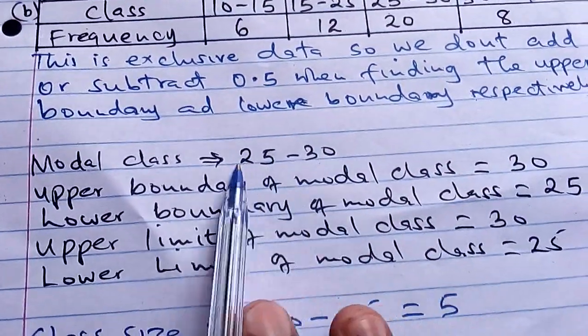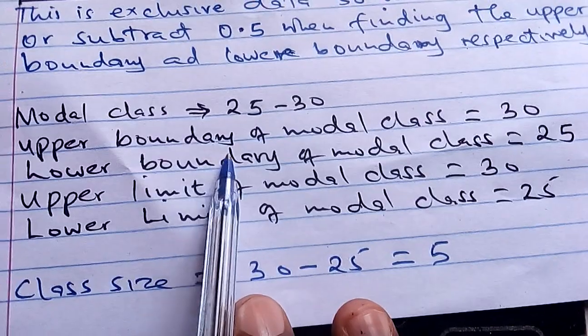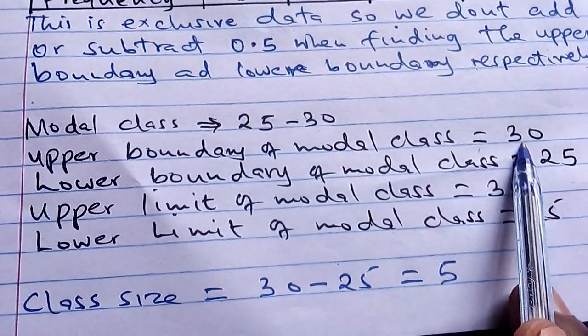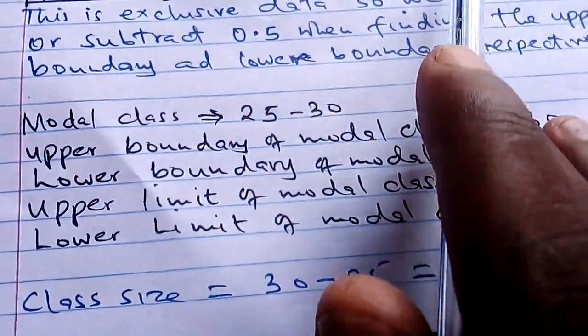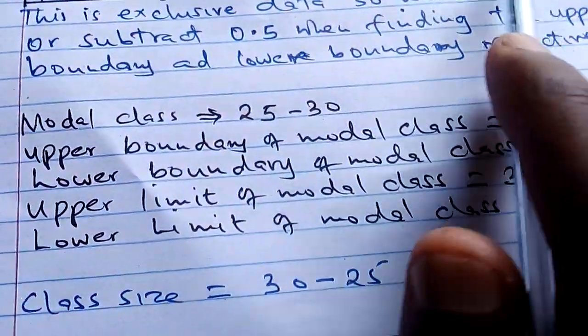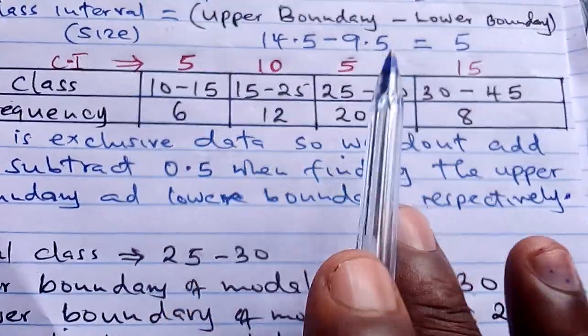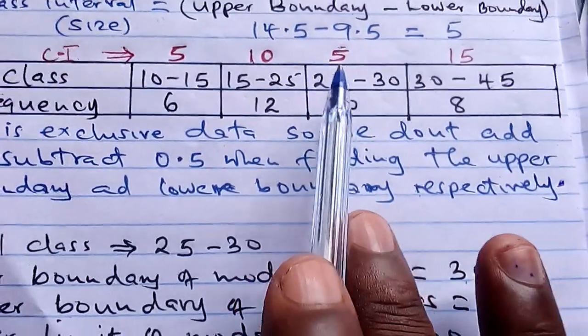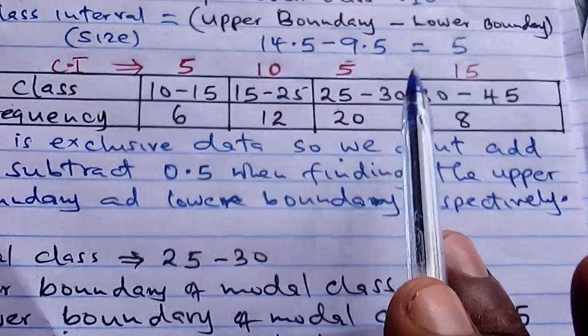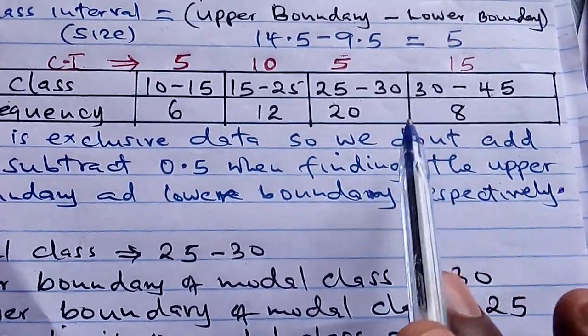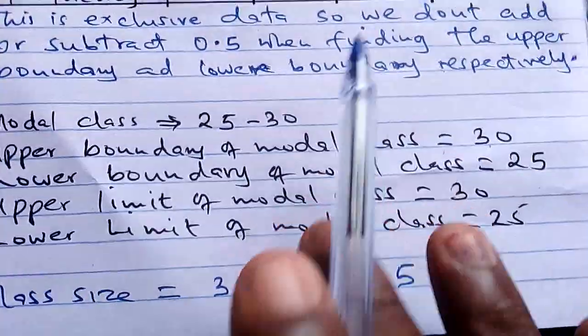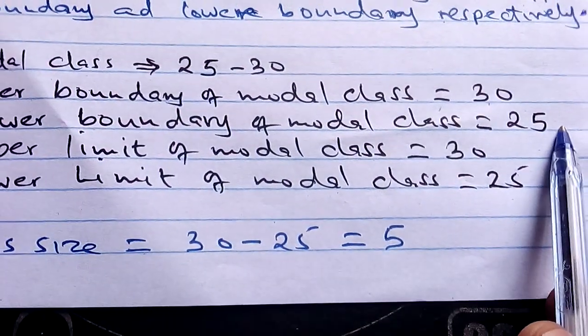So the upper boundary of the modal class will be 30. You just pick it the way it is, because these are exclusive data. The data is already in its upper class boundaries, so we don't add or subtract 0.5. Then the lower boundary is 25.